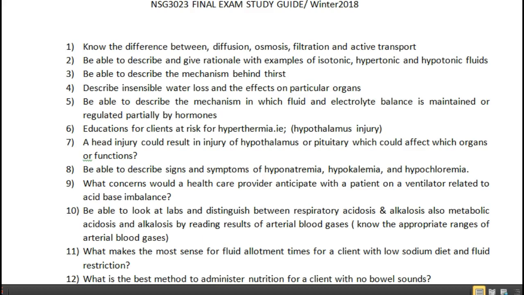So let's say a person comes in and they're having increased urine output, and let's say they've been drinking alcohol or something. A lot of times when people have increased alcohol intake, they tend to urinate.